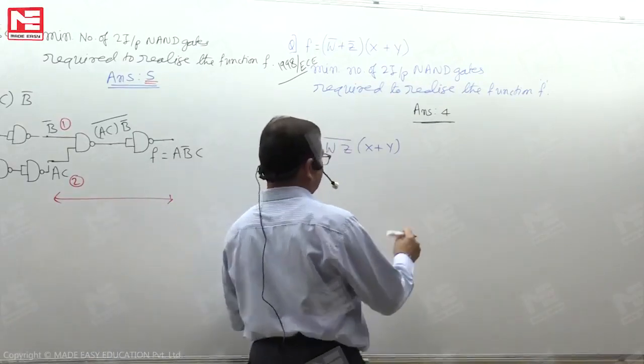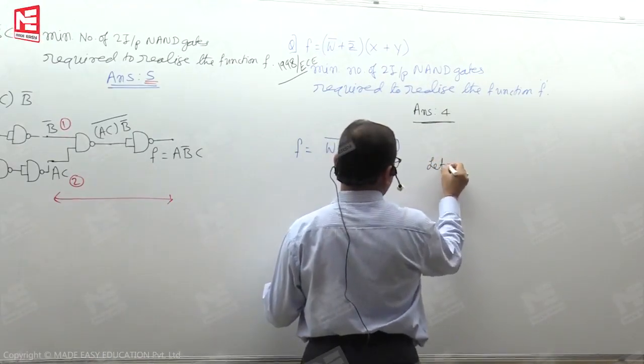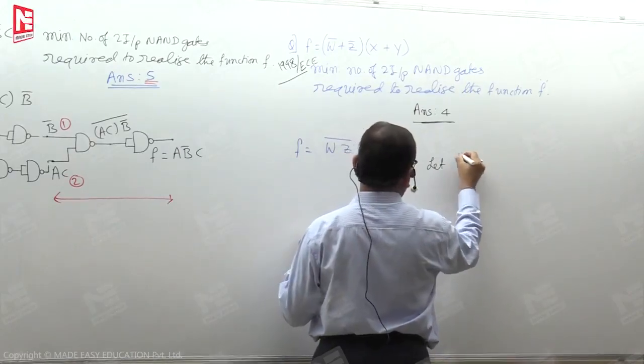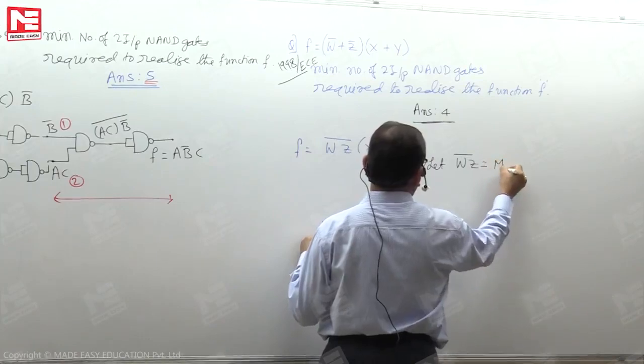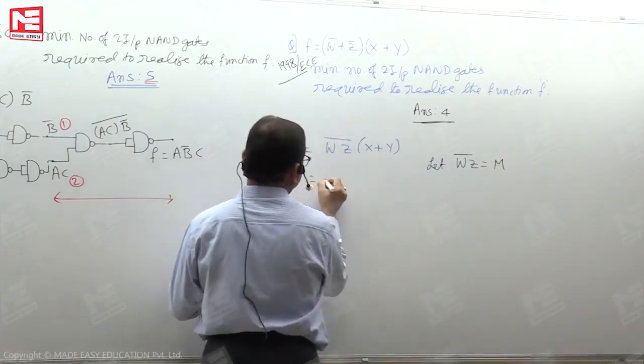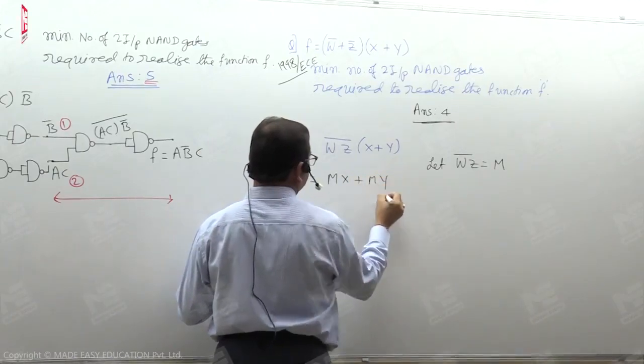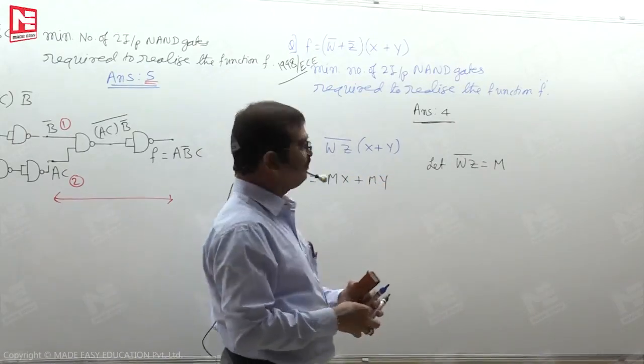Just for our convenience, let us name this WZ whole complement as M. Hence, I can read with the expansion, this will be MX with MY.